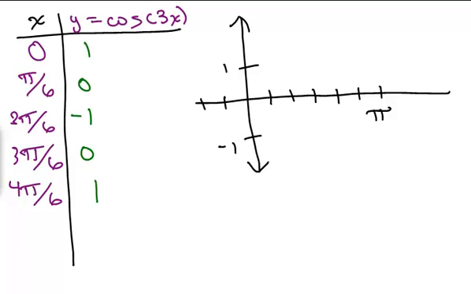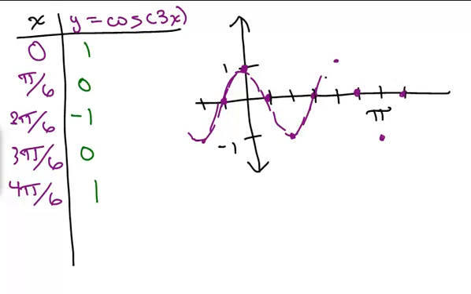We've got 0, 1 starts up as usual. At pi over 6, 0, so we're down here. At 2 pi over 6 we're down at -1. 3 pi over 6 at 0. And 4 pi over 6 at 1. And notice that's the same thing as 2 pi over 3. There's one complete cycle. Now we can keep going if you want, get 2 cycles. I like to do that, and then I just make a nice little sketch.